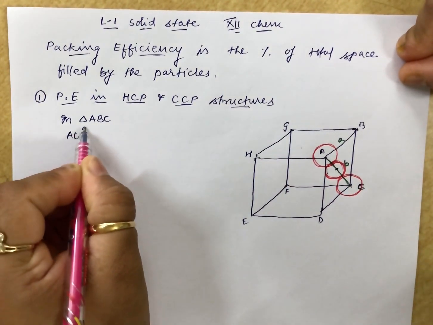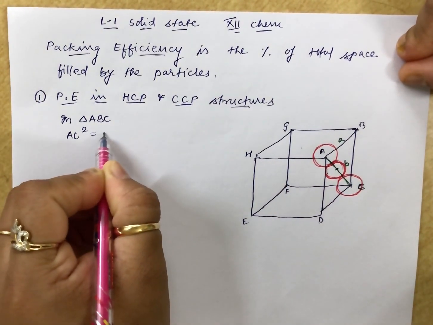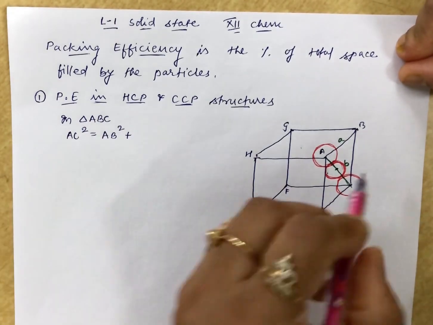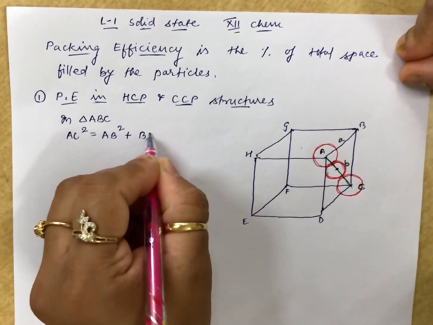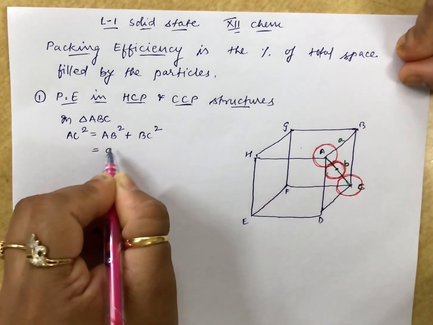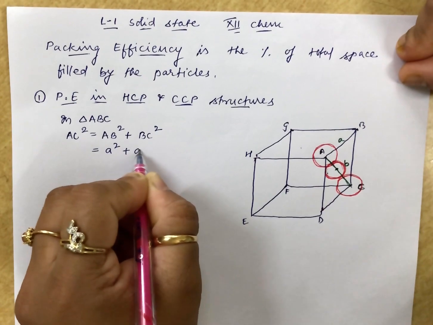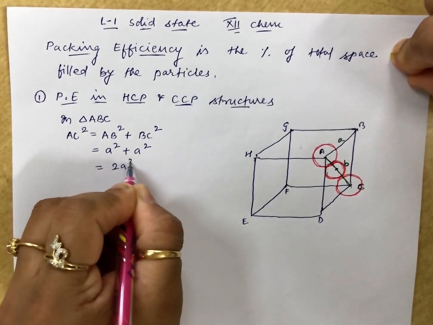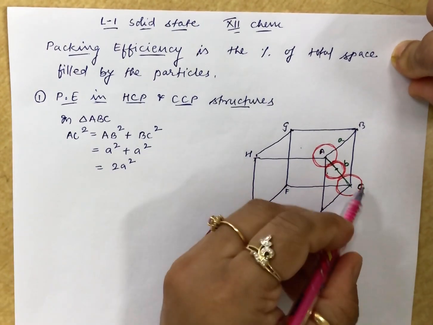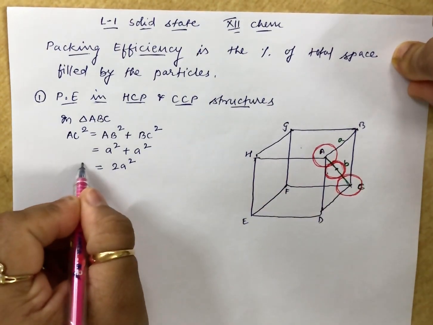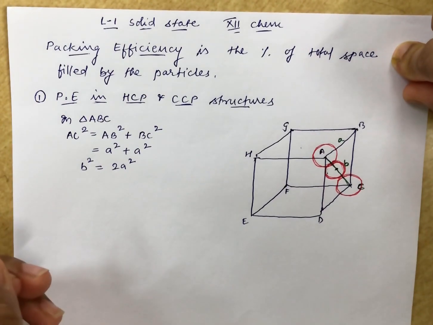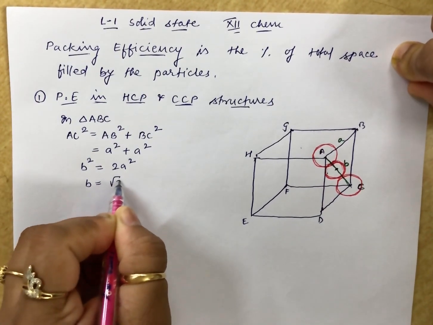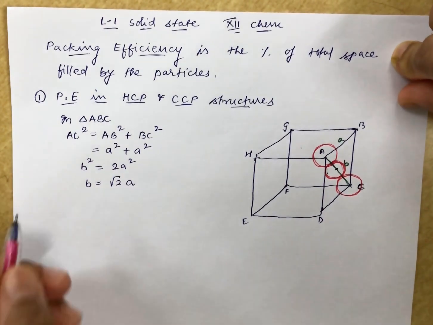According to the formula, AC square equals AB square plus BC square. Now AB square and BC square are a square plus a square, so obviously you will have 2a square. Now what is AC I told you? b. So let me take this as b square. So finally what am I to get for b? This would be root 2 a.